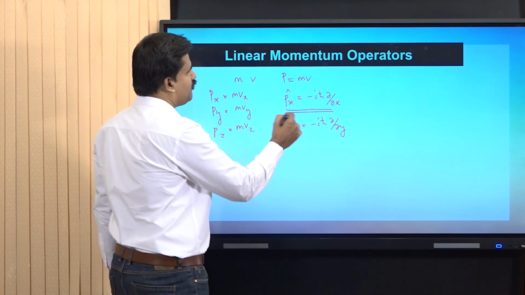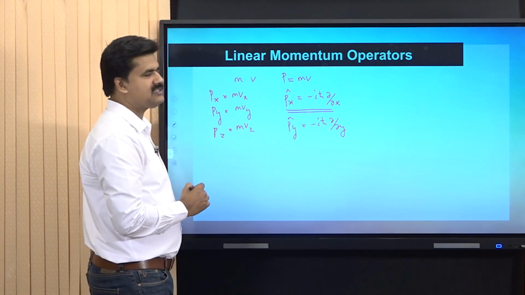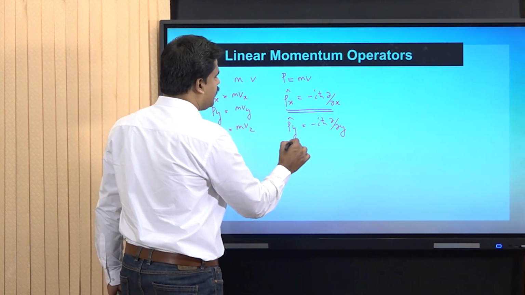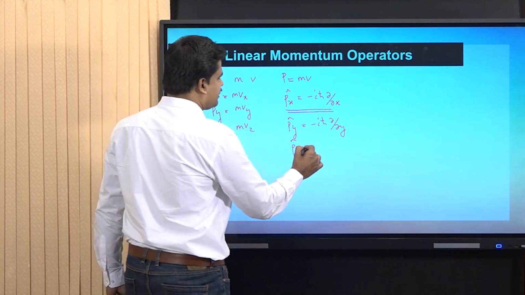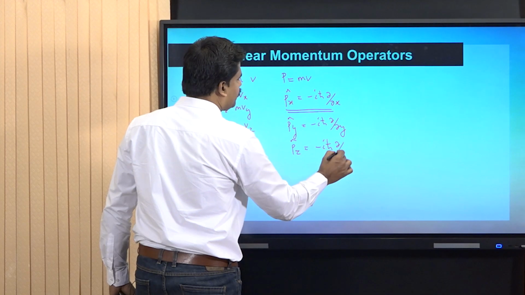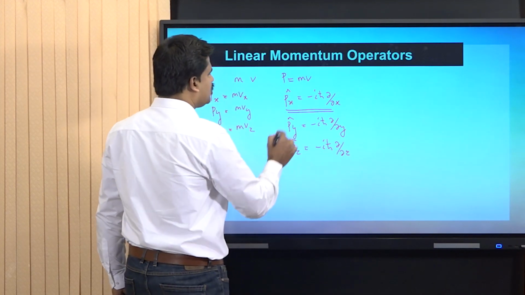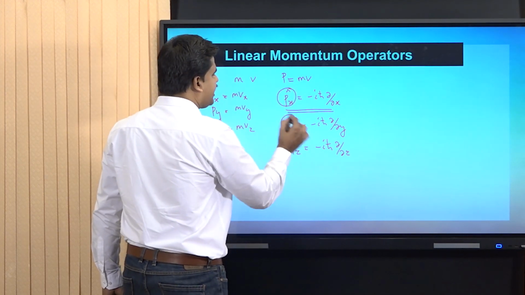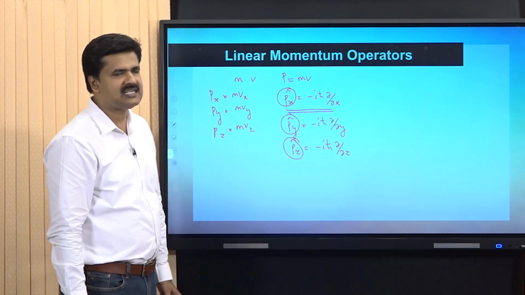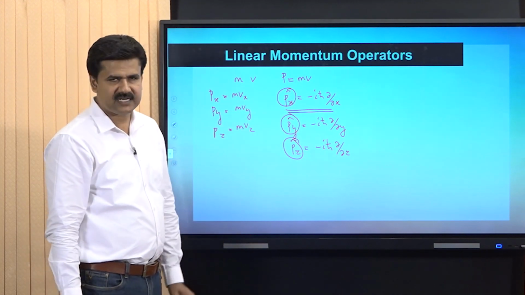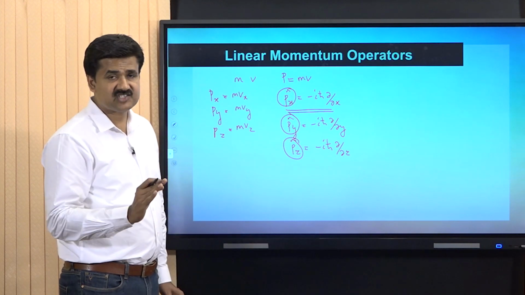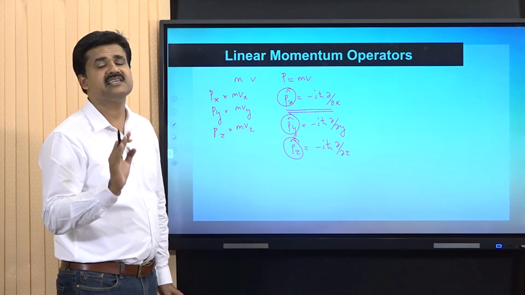Similarly, the linear momentum operator corresponding to z direction can be represented as pz hat equal to minus iħ ∂ by ∂z. So, px hat, py hat and pz hat are three important linear momentum operators which correspond to momentum along x direction, y direction and z direction.